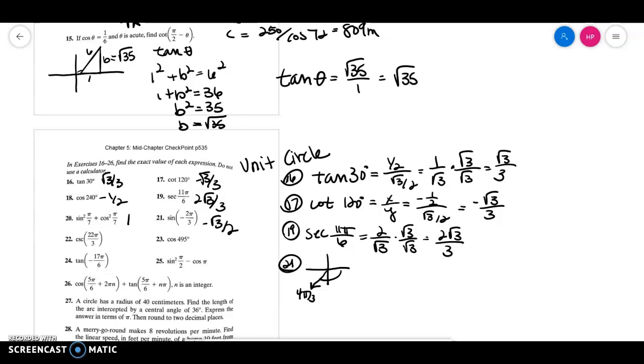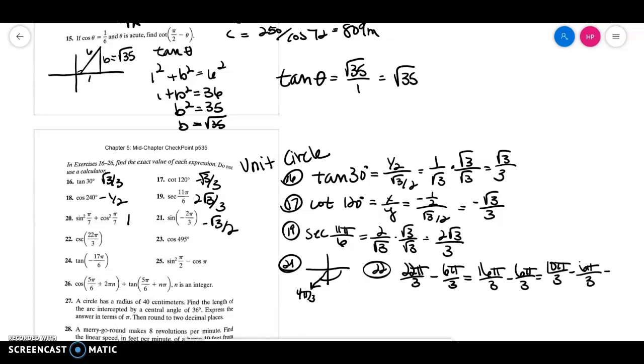Cosecant of 22 pi over 3. I just have to recognize that as the reciprocal of the sine. And working backwards from 22 pi over 3, subtract off 6 pi over 3 as many times as I need to. So 16 pi over 3, and then 10 pi over 3, and then one more time.